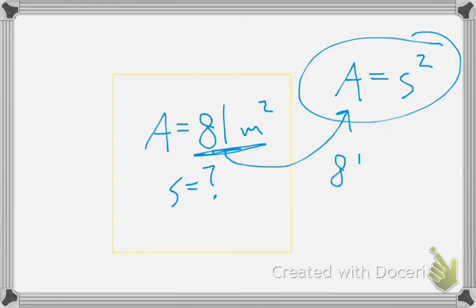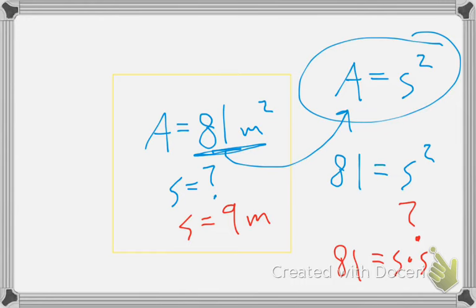So now put in the information you know. So I know 81 is A. So now 81 equals s squared. And now you can ask yourself right here, what number times itself, because remember this is s times s, what number times itself gives us 81? Ooh, I think I know. It's 9, isn't it? So the side length would be 9 meters.